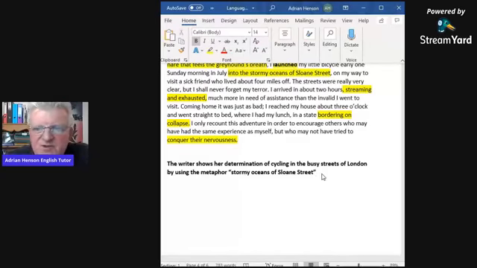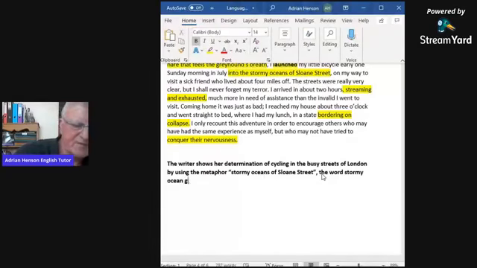So the writer shows the determination of cycling in the busy streets of London by using the metaphor stormy oceans of Sloane Street. So I would highlight these words, the words stormy ocean.